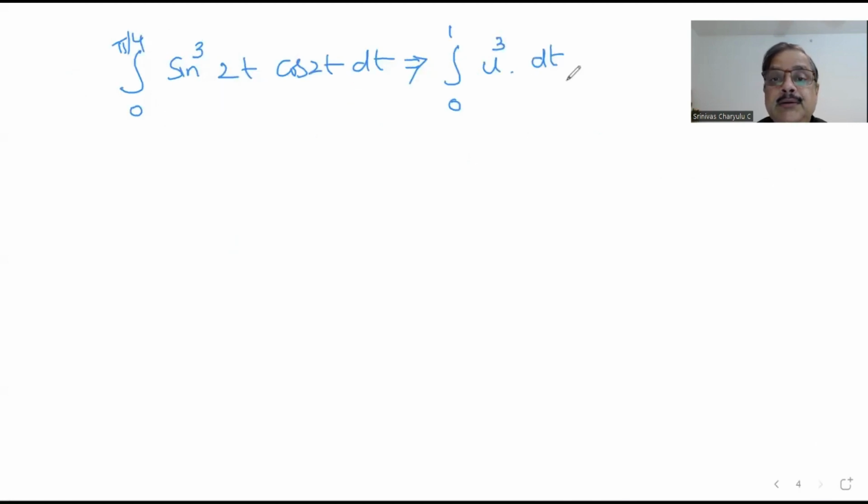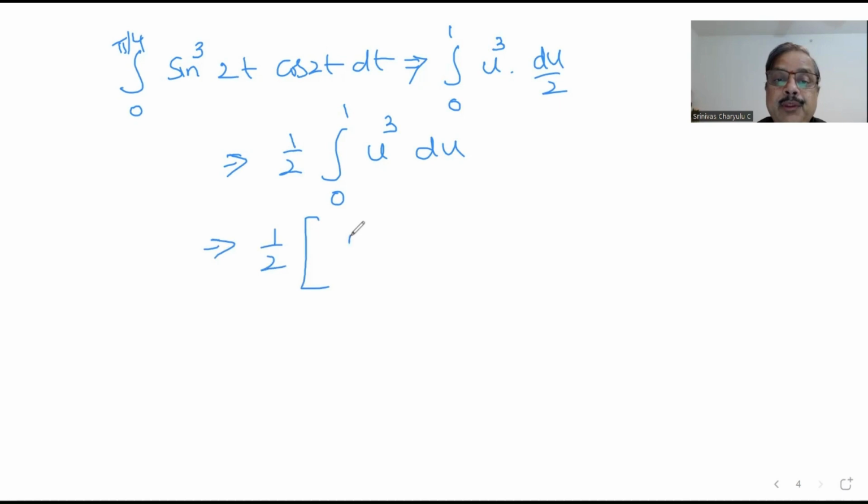Sorry, this is not dt, it is du, because we are integrating the u function. So this will become now du by 2. So bring this half outside. 0 to 1 u cube. Okay, half is outside. u to the power of 4 by 4, 0 to 1.